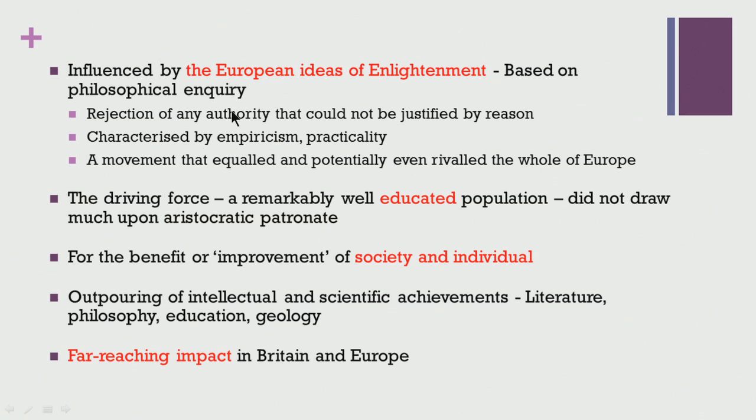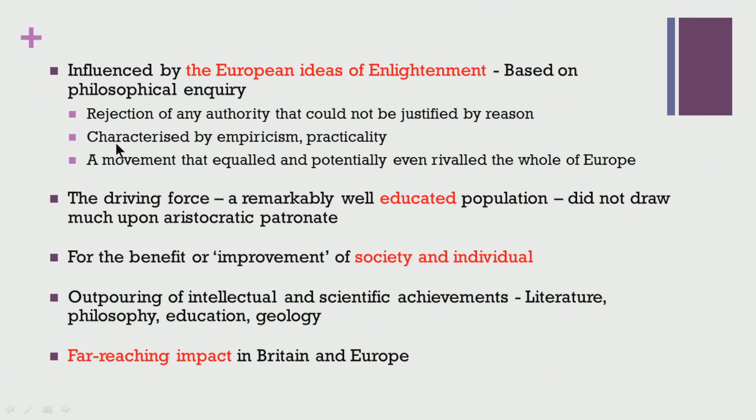Like all the kinds of enlightenment which emerged in different parts of the world in the 18th century, Scotland was also heavily influenced by European ideals, and the foundations of this were laid primarily through philosophical inquiry. We find certain distinct characteristics in the Scottish Enlightenment, which could also be referred to other forms of enlightenment in different parts of the world as well.